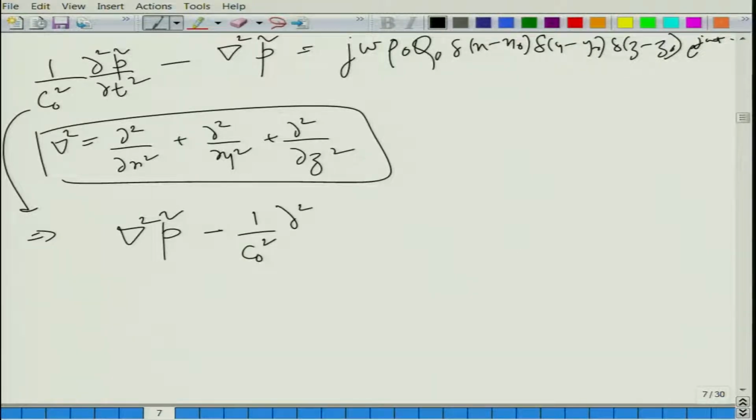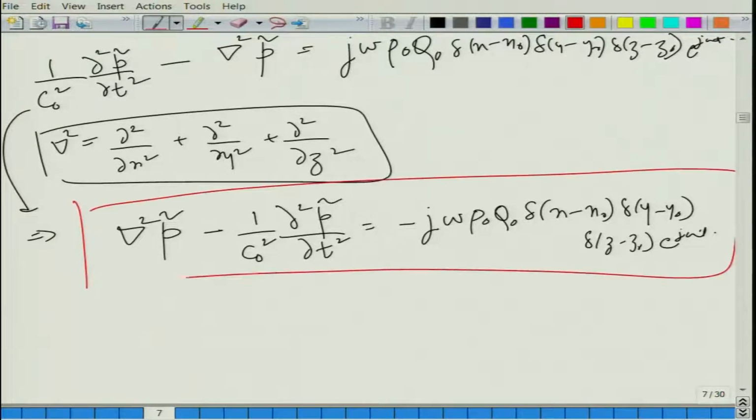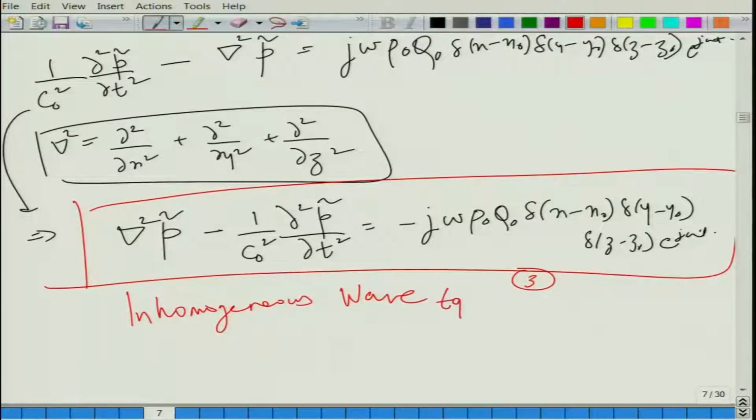So, this is the inhomogeneous wave equation, and you have this minus j omega rho naught q naught into x minus x naught, y minus y naught, z minus z naught, and mind you, you have e j omega t sitting. Now, this is your inhomogeneous equation 3, you can say. Okay. So, this is what we are going to get.